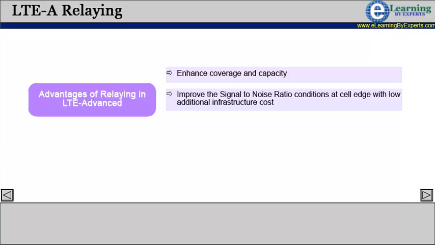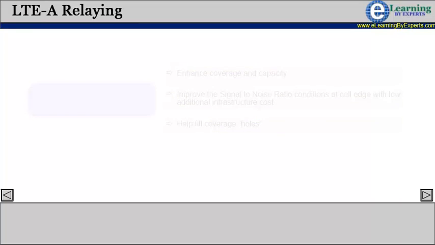Relays are being considered for LTE Advanced as a tool to improve cell edge performance and fill coverage holes. In LTE Advanced, two types of relay node, RN, are defined according to the functions and supportable protocol layers.